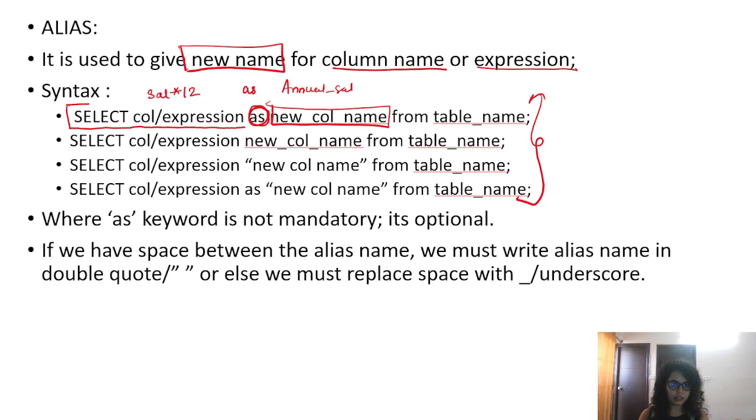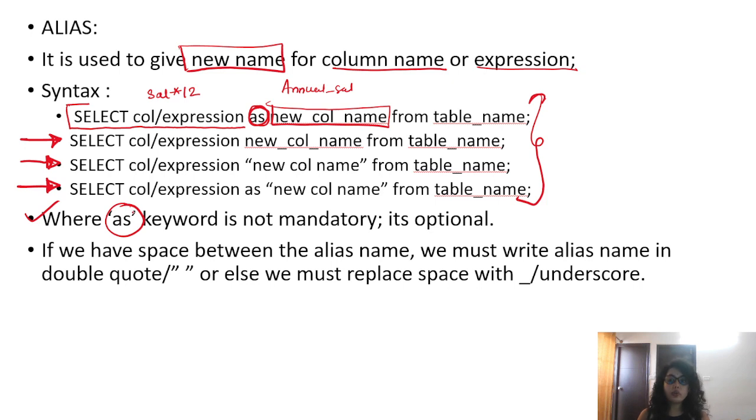We have four ways to write an alias, so keep this in mind. As is optional. Even if you remove as, it will work. If I write select sal into 12, then after a space, annual salary from table name, it will work. I have given the example here; the same way, this way also we can write, and this way also.